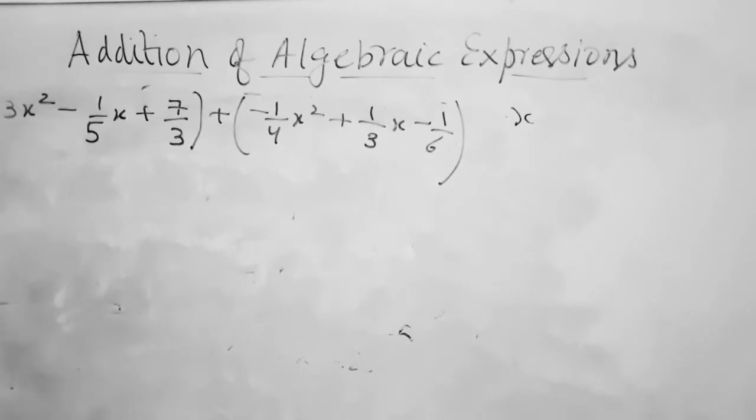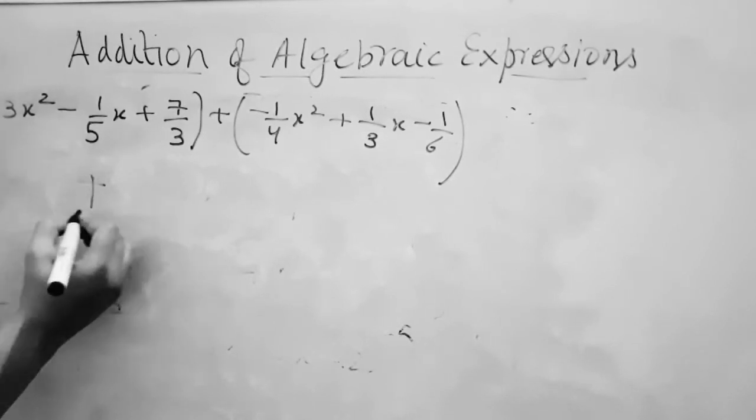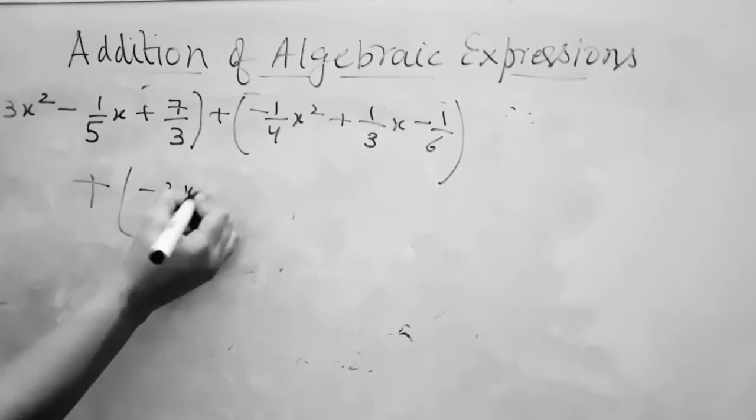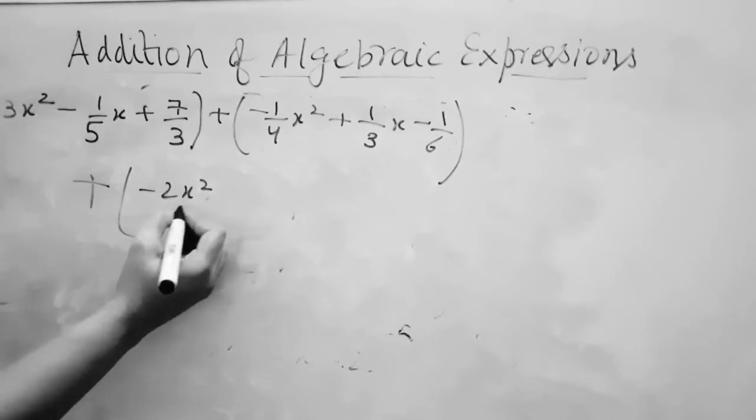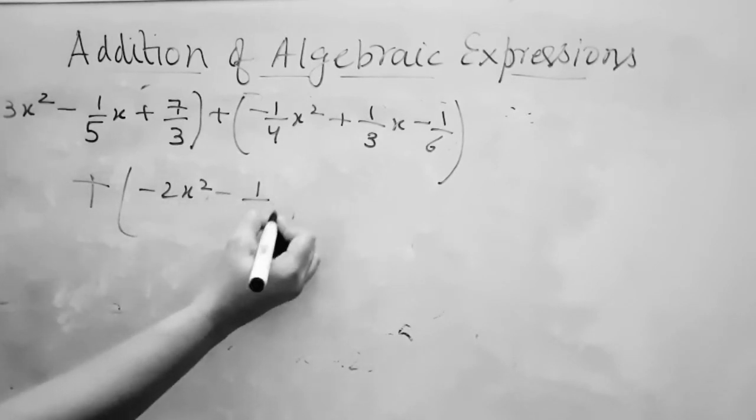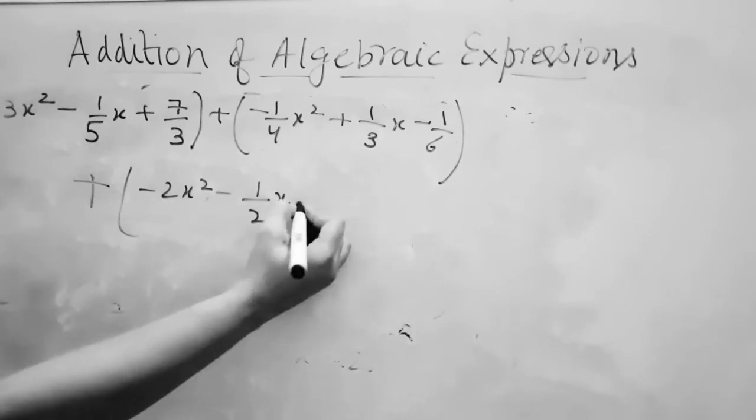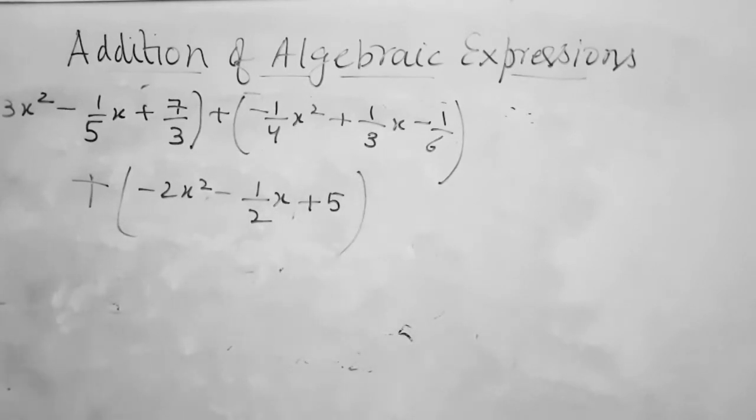Okay. And last one plus within bracket minus 2x square minus 1 by 2x plus 5. This seems to be a little bit complicated because it is having the terms in the form of fractions. But yes, once we will start solving, it will also be very easy.